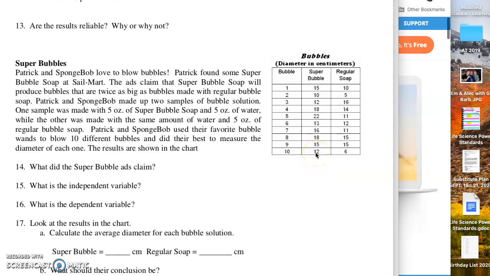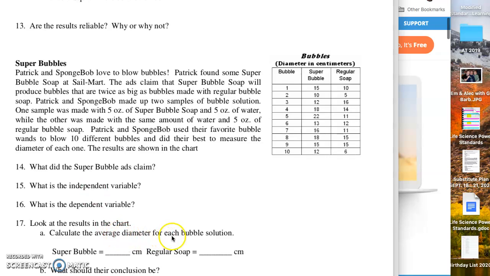Do the averages appear to be 2 times bigger bubbles or not? So what did the super bubble ad claim? What did it claim to do? What's the independent variable? What are we testing? The dependent variable, what is going to change because of what you're testing?